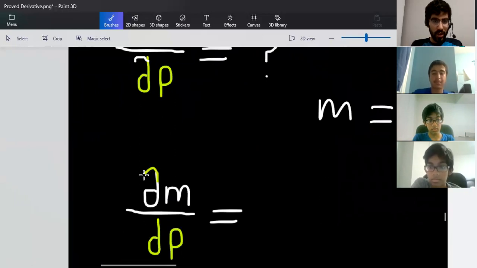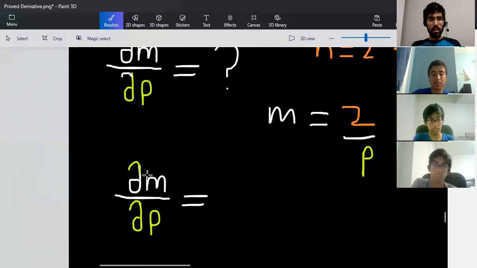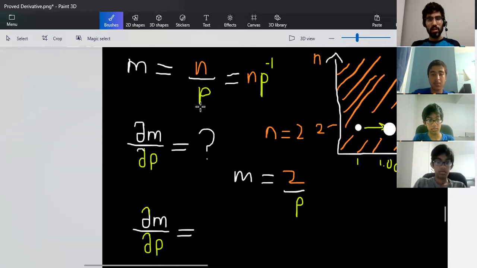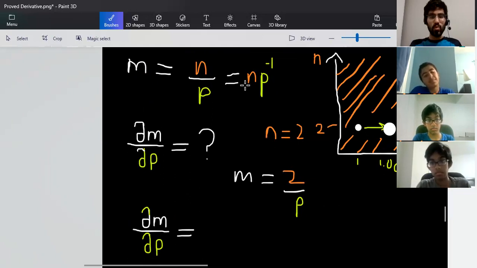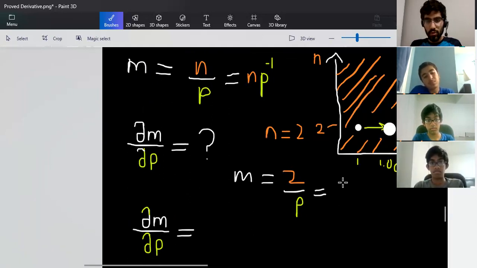So again, partial, not d, just a notation thing. We're going to say partial m over partial p. We're going to use this equation because we need to use our exponential rules. We're treating n like a constant, so it's 2p to the negative 1.